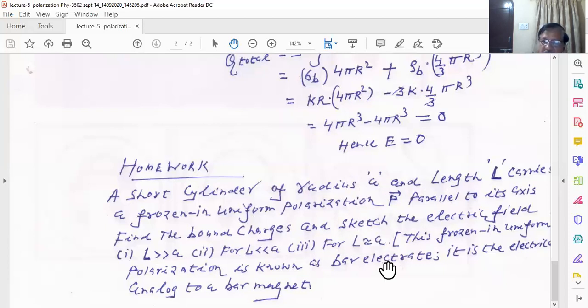This frozen-in uniform polarization is known as a bar electret, and it is analogous to a bar magnet. So please find out the bound charges and sketch the electric field for L much greater than a, L much less than a, and L of the order of a. This is the problem for homework which I am giving you.